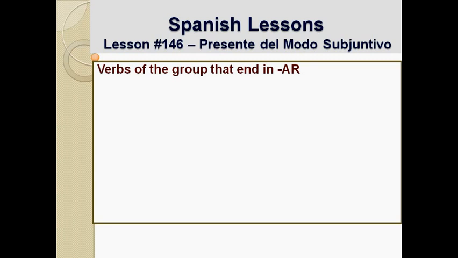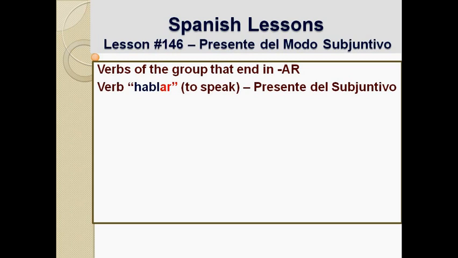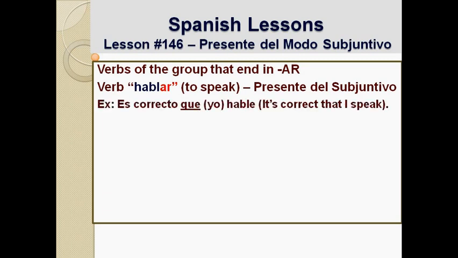So we will begin with the first group, and we will take the verb hablar, or the verb to speak, as an example to translate into the presente del subjuntivo. Okay? Our example is es correcto que yo hable. It is correct that I speak. Okay?